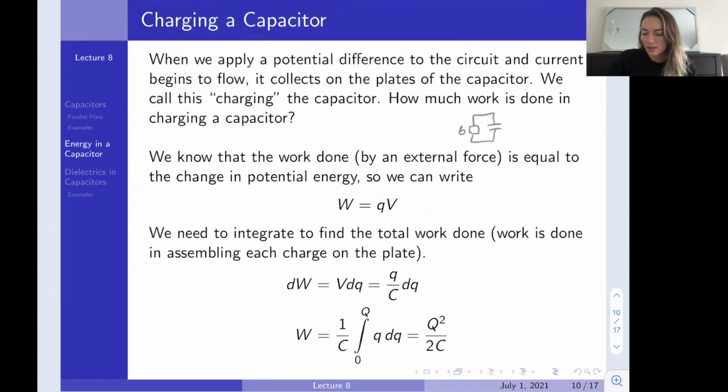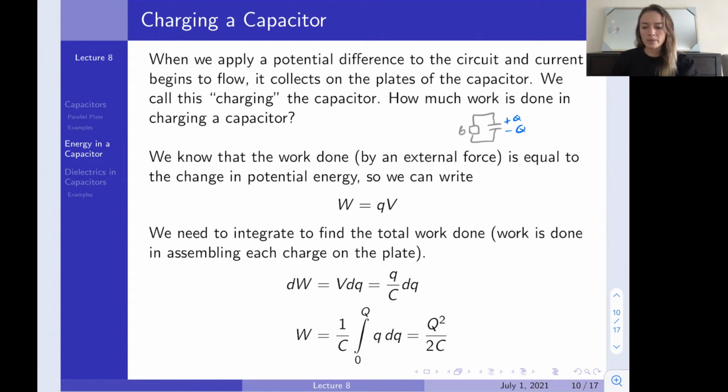We'll have a positive Q and a negative Q on these plates, and that is charging the capacitor. It starts at 0 charge. You turn the battery on, the charge begins to build up and collect, and now your capacitor is charged with plus minus Q. So that's what it means by charging a capacitor.